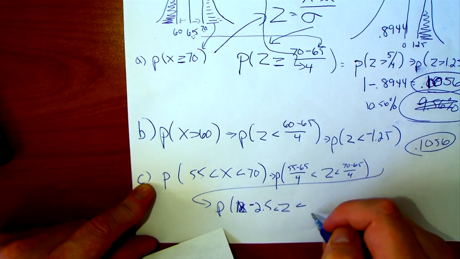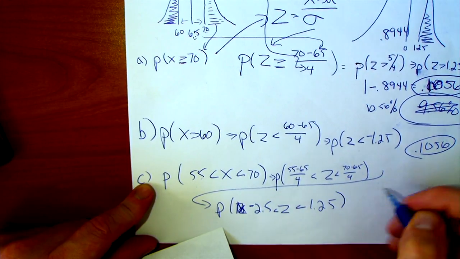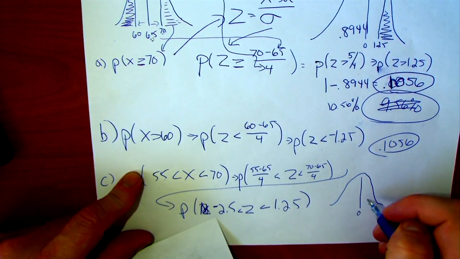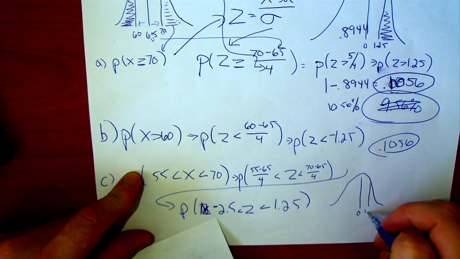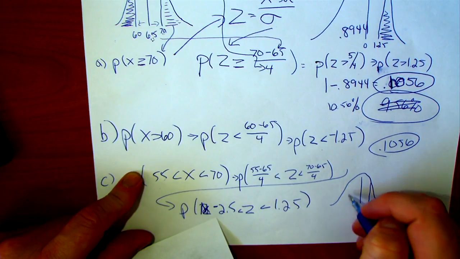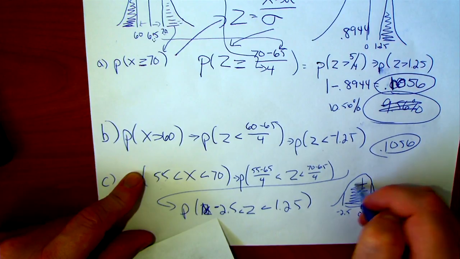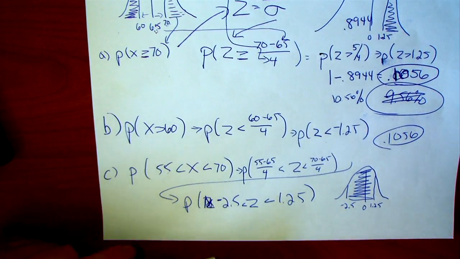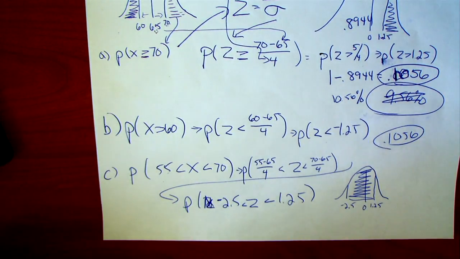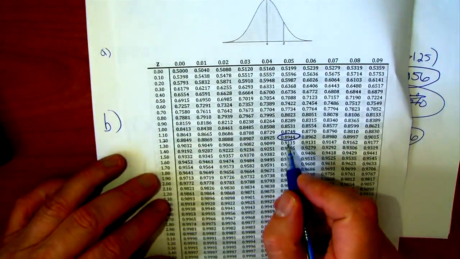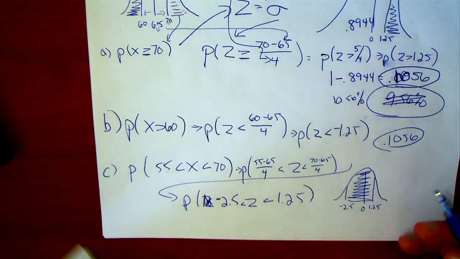and this is 1.25. So I'm just going to draw a little mini z graph here. We want the odds that it's between 1.25 positive and negative 2.5. So that shape, that's not a shape that we know. But what we can do is if we look up 1.25, which we already did, that gives me 0.8944.